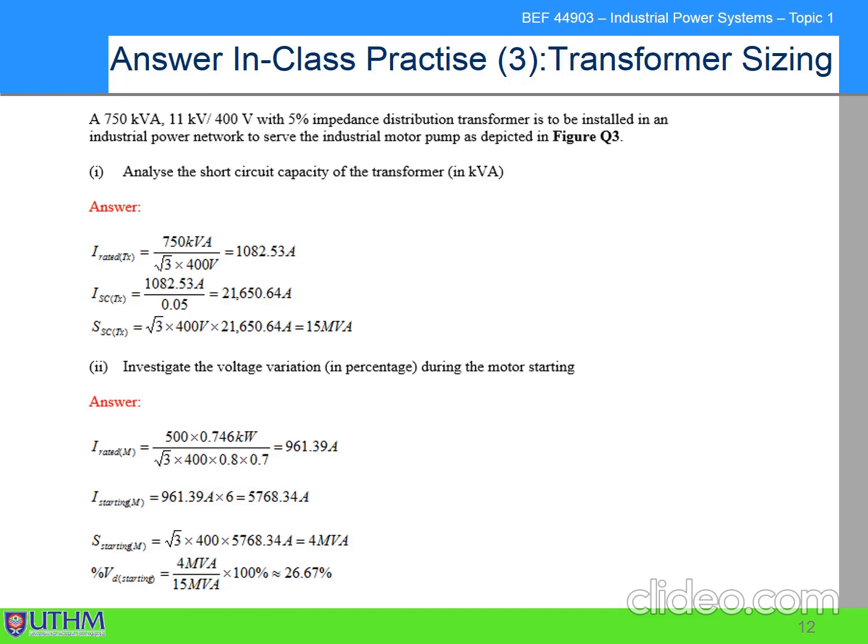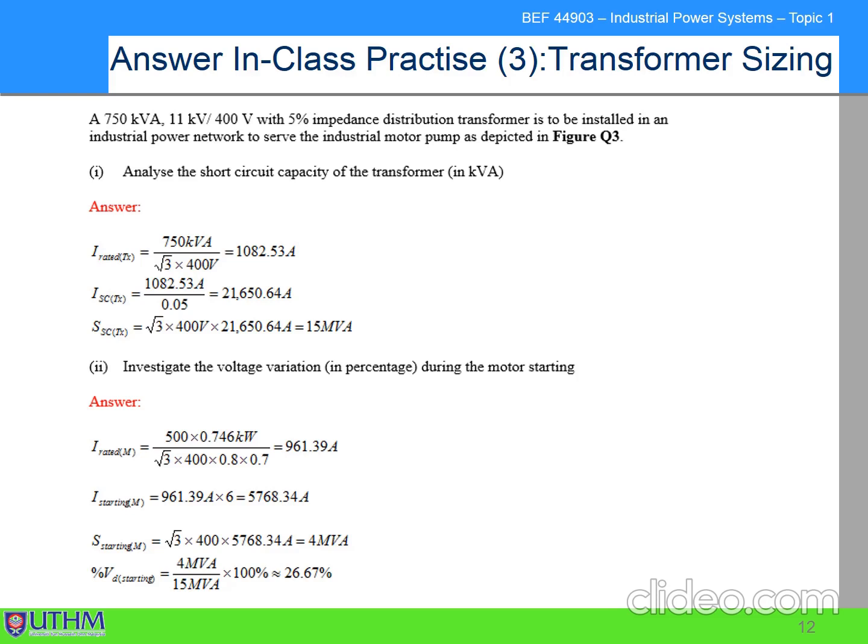After that, we find I starting. In the question, the starting inrush current is 6 times, so we times I rated by the 6 times inrush current to get I starting.